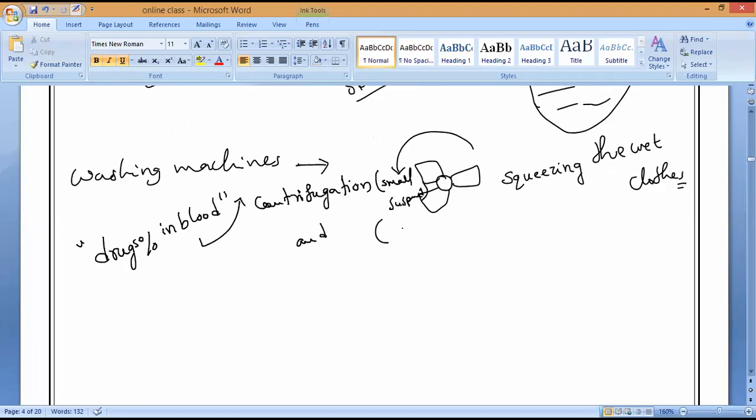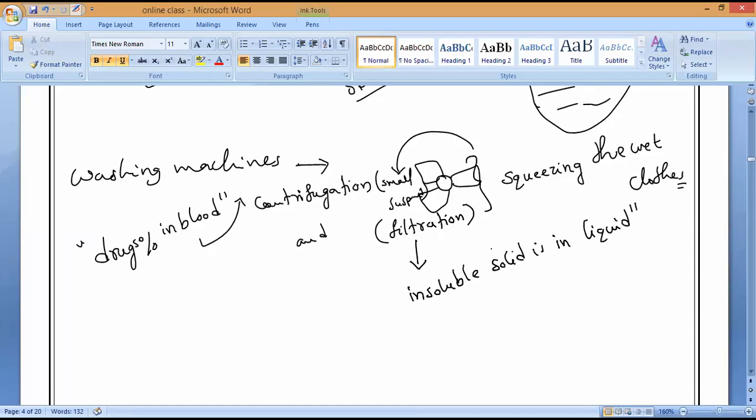If the particles are large enough, then we will easily go with filtration. But both techniques, centrifugation and filtration, we can use only for an insoluble solid in what, guys? In liquid. So these are the two techniques to separate insoluble solid in liquid.